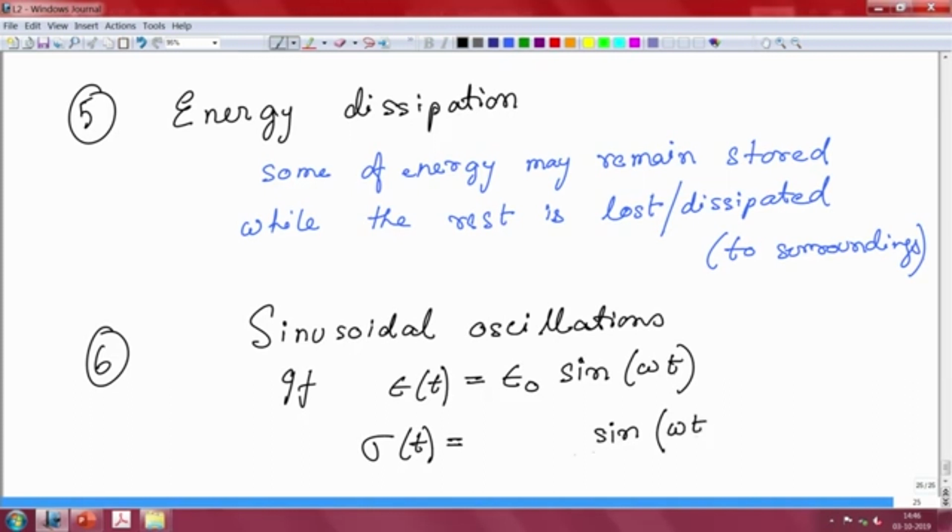So, I will first write the sine portion, the sinusoidally varying portion.